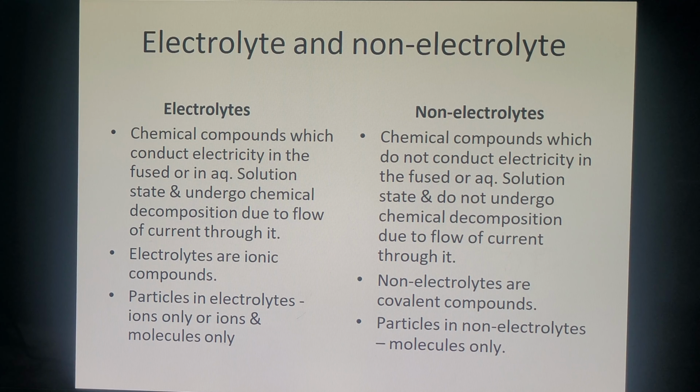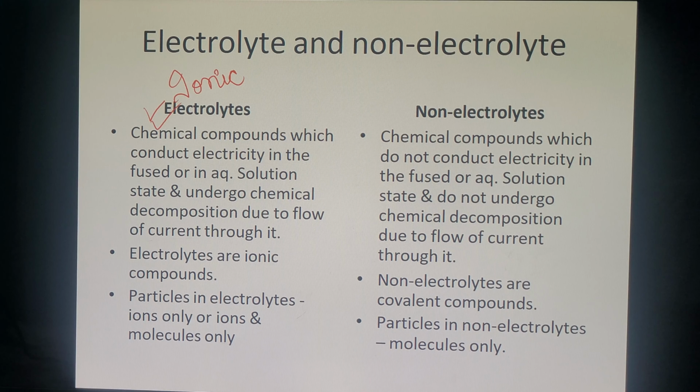Now, the major difference that you have to remember is that mostly all ionic compounds are very, very good electrolytes. Now, what are ionic compounds? They are also called electrovalent compounds. For example, the best example of an ionic compound is sodium chloride.